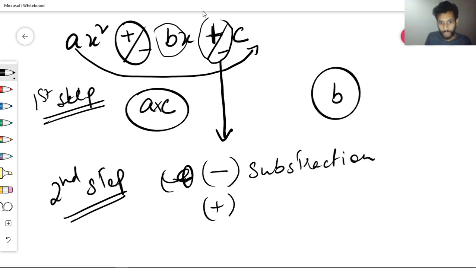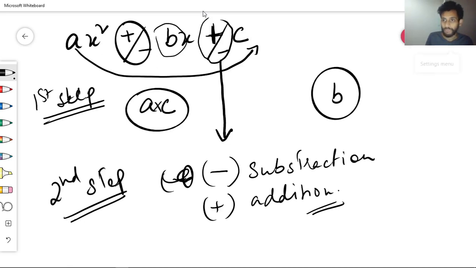If it is plus, we have to consider addition. These are the two steps. In the first step, we will multiply a into c. Then in the second step, we will just see the sign. If it is minus there, we will do subtraction. If it is plus there, it will be addition. This is the simple step here. Till here everything is clear, I guess. Here it is subtraction, here it is addition.